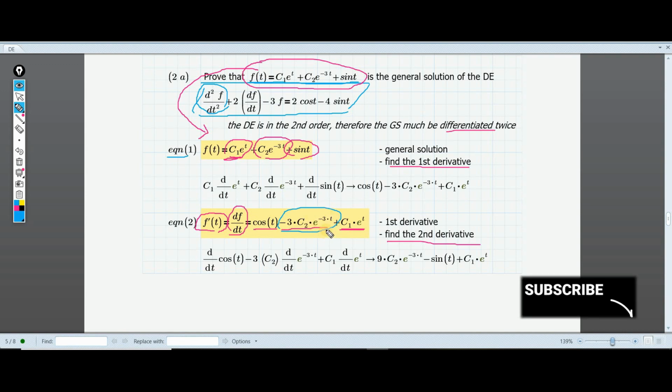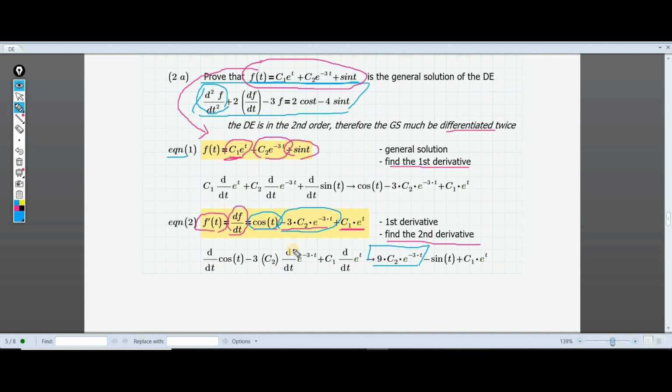So, we will have negative 3 e to the negative 3t. Times negative 3 ulit dito, yun yung lalabas dyan, yung positive 9. Ayan. And the next, cosine t. Ano ba yung derivative ng cosine? It is negative sine. So, we have here. And next, e to the t pa rin yan. So, we have here positive c sub 1 e to the t.